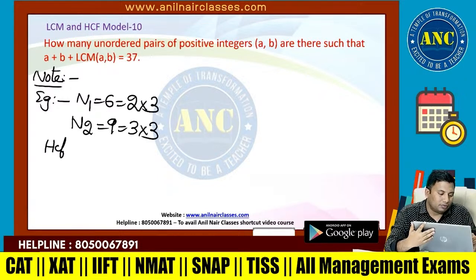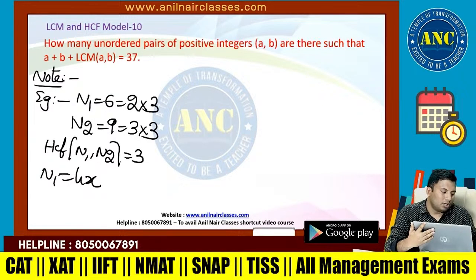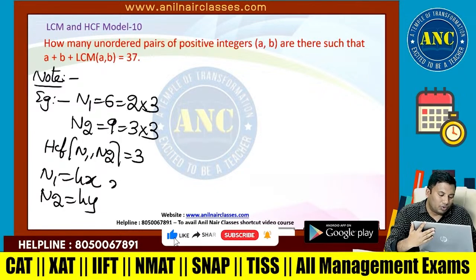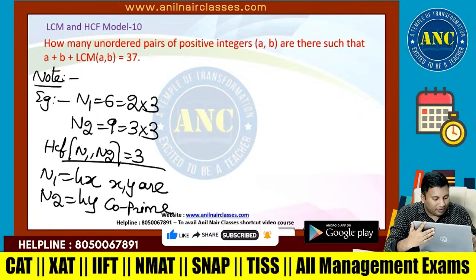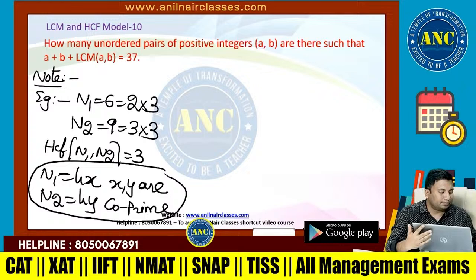HCF of N1 and N2 is 3. So N1 can be written as H into X, and N2 is H into Y. X and Y are co-prime to each other. First we will do this concept.